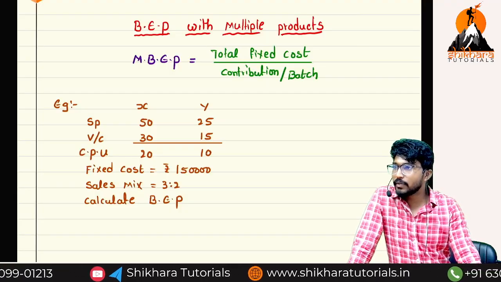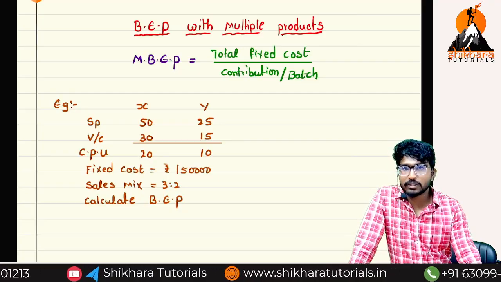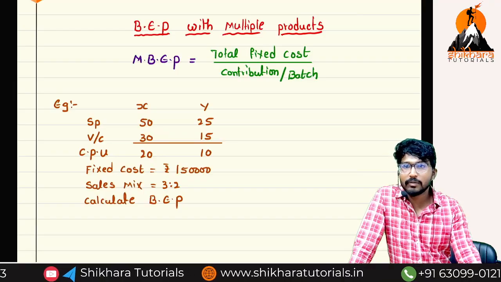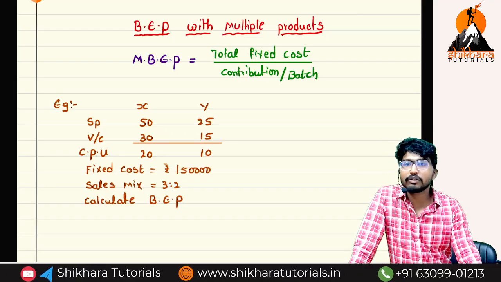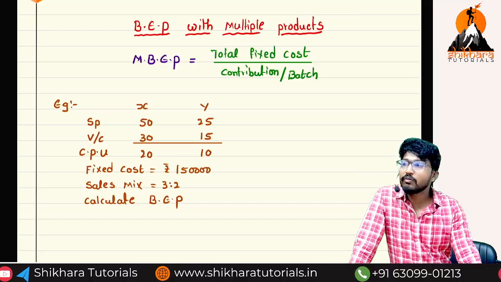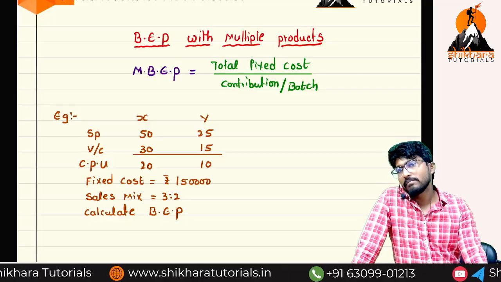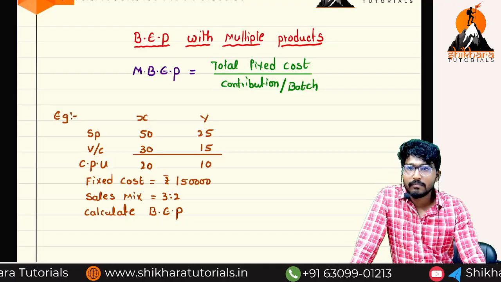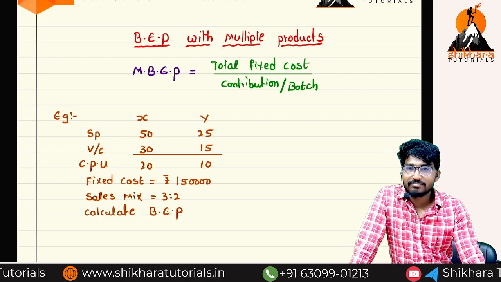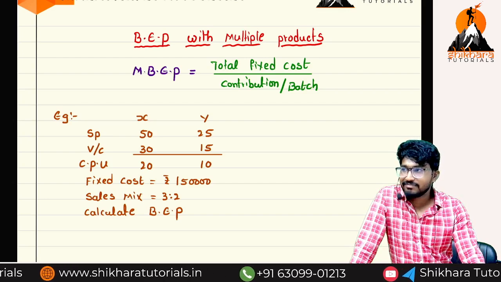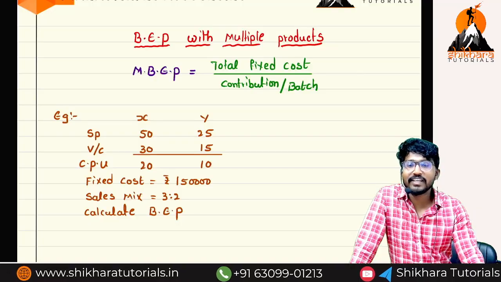For product A there may be a separate contribution, and for product B there may be a separate contribution. Then which contribution will you take? How will you weight it? That is used to calculate weighted average contribution.